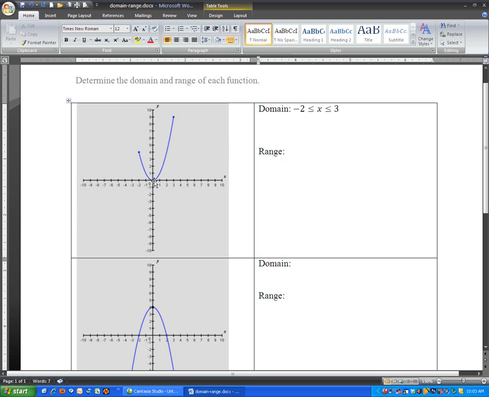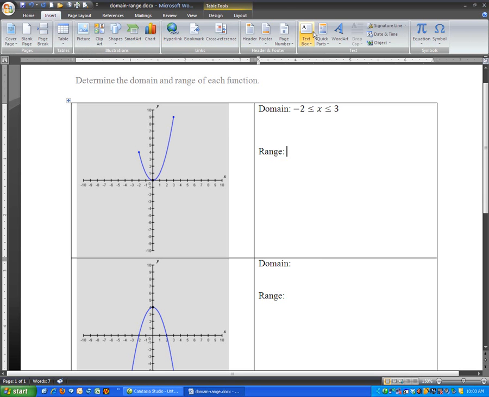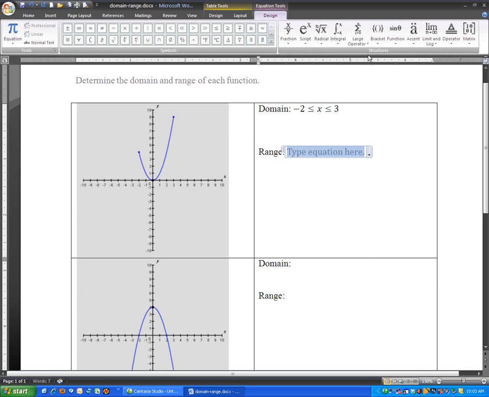And the highest point on this graph goes up till it gets to here, which is 9. All right, so insert another equation. So our lowest y value was 0. So 0 is less than or equal to y, less than or equal to 9, we decided. So there's our domain and range for that picture.